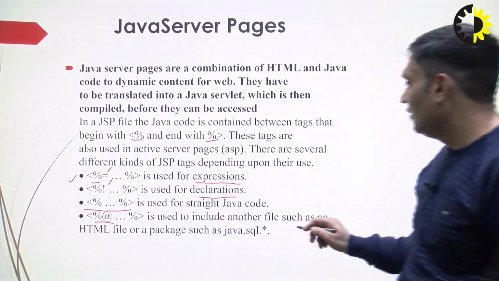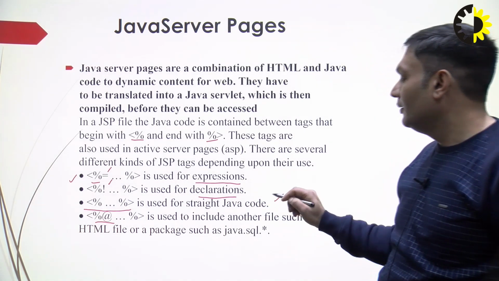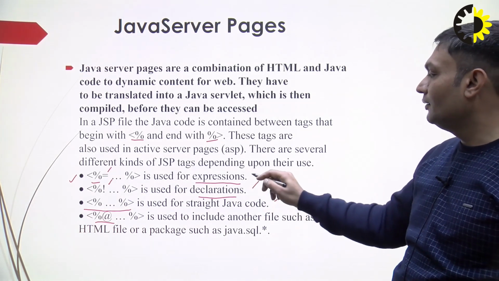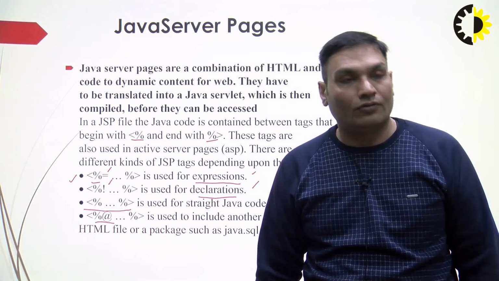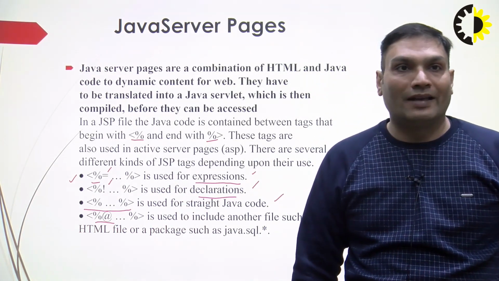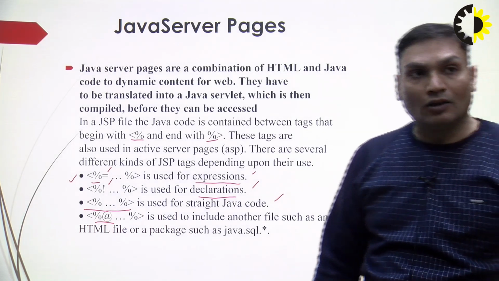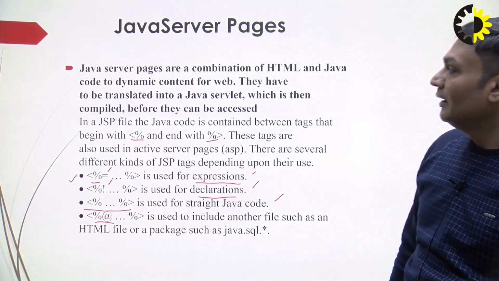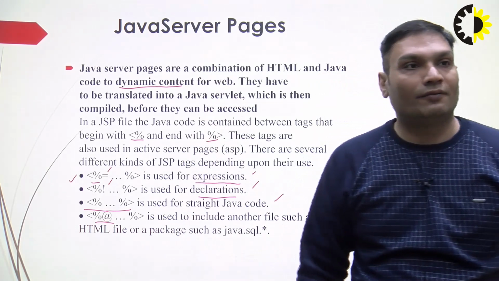This is called directives, this is called scriptlet, this is called declaration, and this is called expression. So these are the tags that are used to combine Java code inside your HTML code. And the objective is to make the content dynamic. We are just producing the dynamic content for our web.